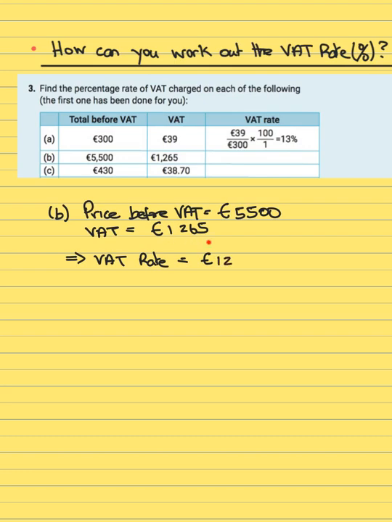So we put the 1,265 over the 5,500, write it as a fraction first, and then to change it into a percent, we multiply it by 100 over 1, and we can just pop that into our calculator.